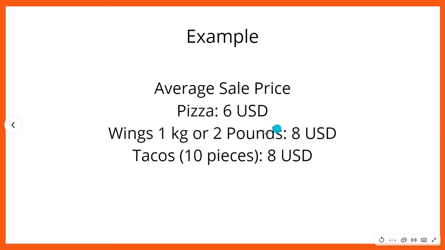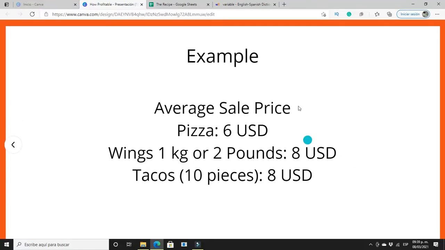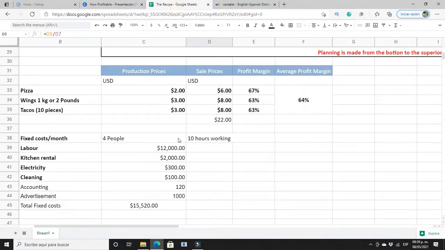And the average sale prices, for example, pizza $6, wings $8, and tacos $8. We're going to move to this sheet to explain in more detail.